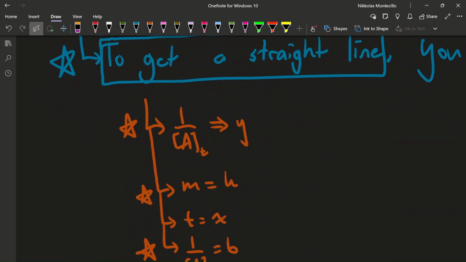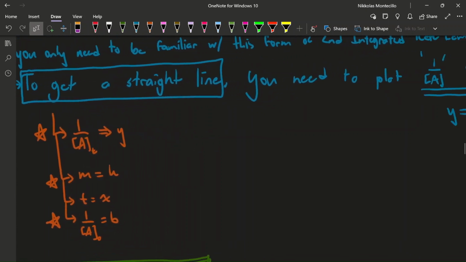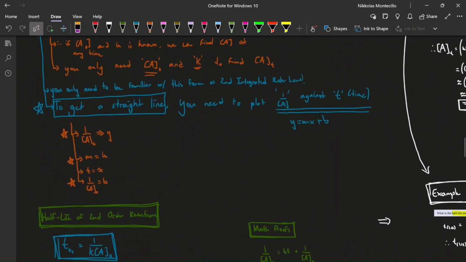In the case of second order integrated rate laws, the inverse concentration at a given time t is equal to y, and m is equal to k, like last time. T is equal to x, and the inverse of the initial concentration, 1 over the initial concentration, is equal to b, or the y-intercept. Okay.